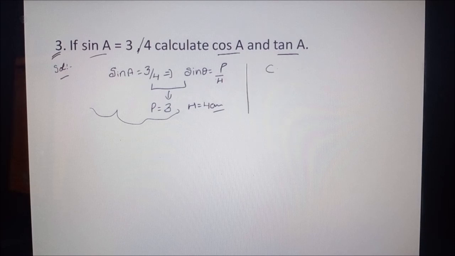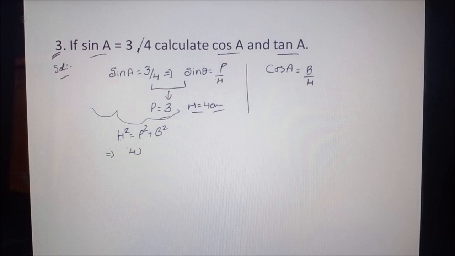Now cos A. Cos is base upon hypotenuse. We are given value of perpendicular and hypotenuse only. So we have to calculate value of base. Now using Pythagoras theorem, hypotenuse square is equal to perpendicular square plus base square.